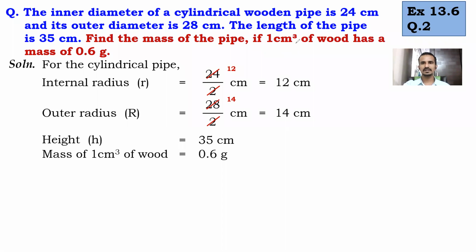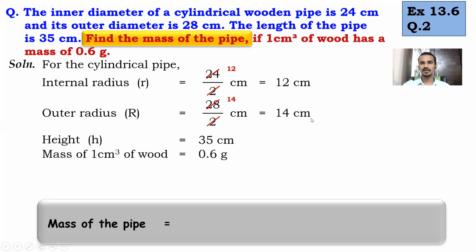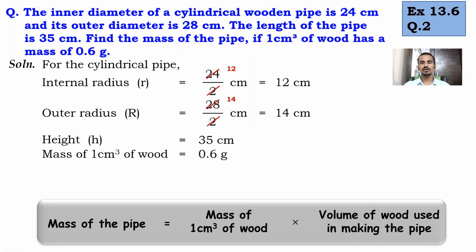The mass of this pipe will be equal to the mass of 1 centimeter cube of wood, that is 0.6, multiplied by the volume of wood used in making the pipe. So it's a simple thing. Just find out the volume of the pipe and multiply by 0.6.